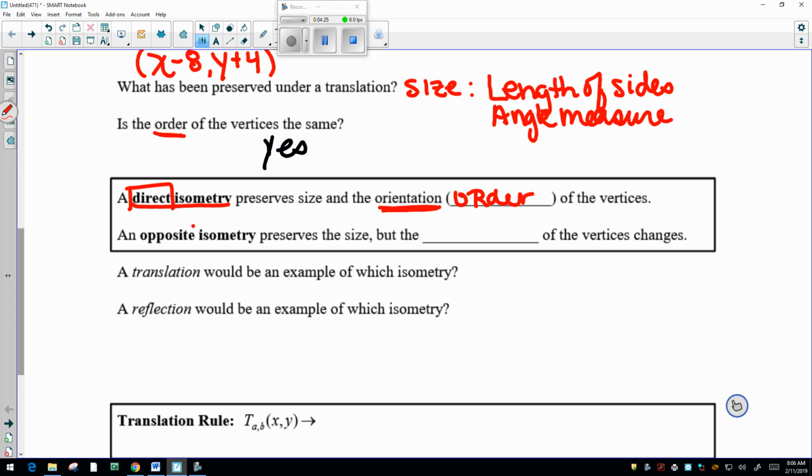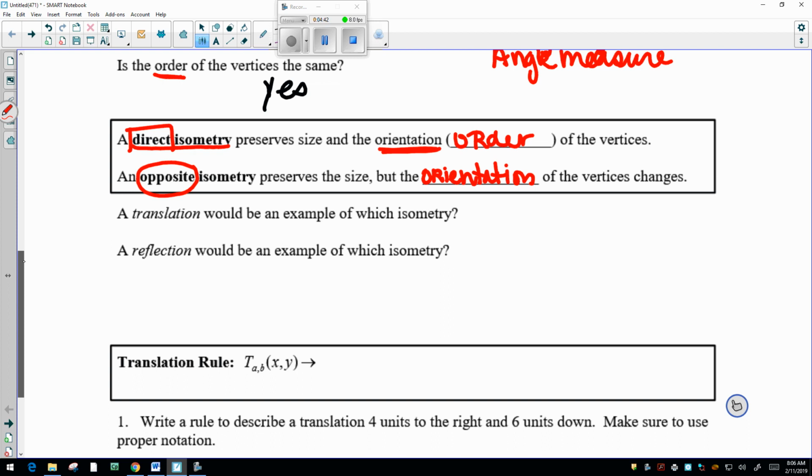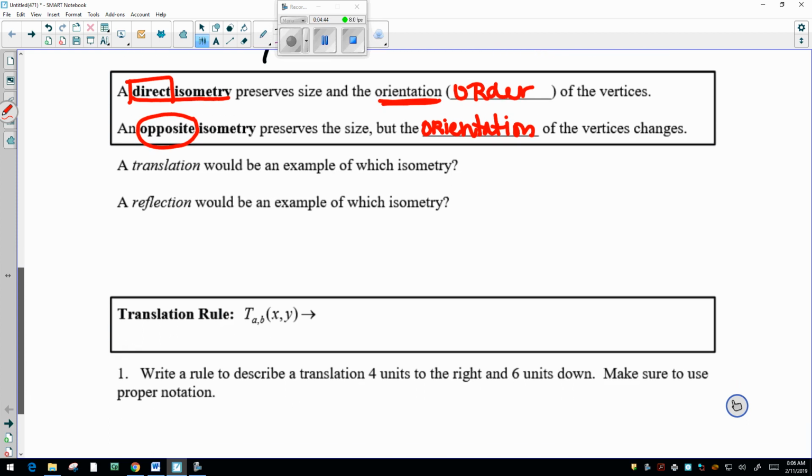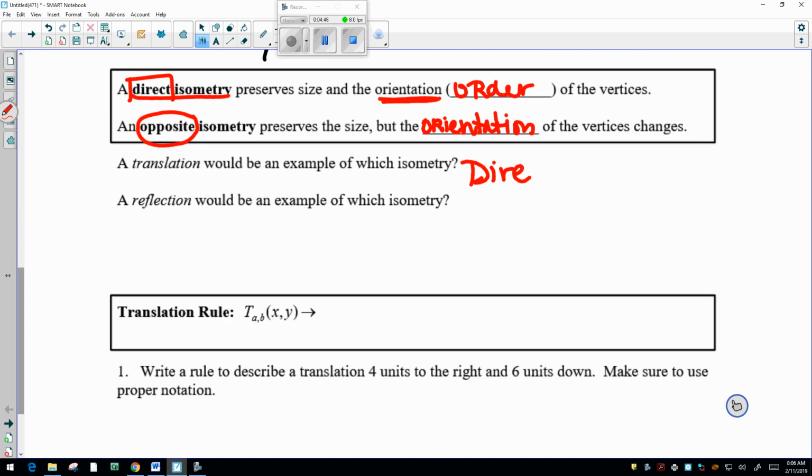An opposite isometry, or an opposite rigid motion, preserves the size, but the orientation, or again, you could say the order, of the vertices change. So we just said, what type of an isometry is a translation? Well, this is a direct. The order does not change.